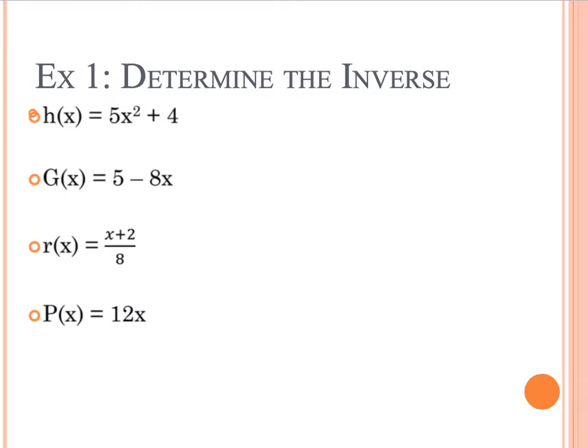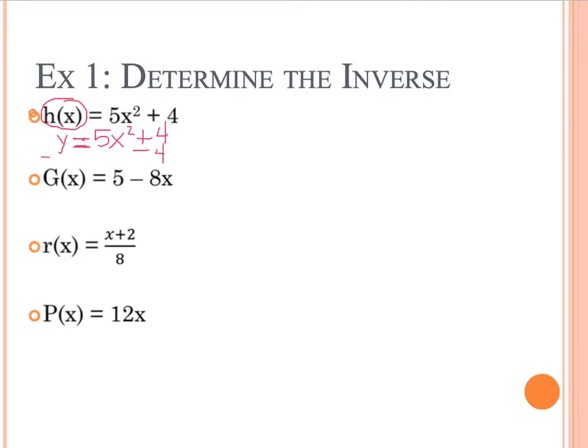So I gave you some steps in the PowerPoint presentation, the summary. If I want to find the inverse of h of x, the first thing I'm going to do is, just to make it look a little bit nicer, I rewrite this as y. Just for the time being, I'm going to put it back as h inverse of x when I'm done.